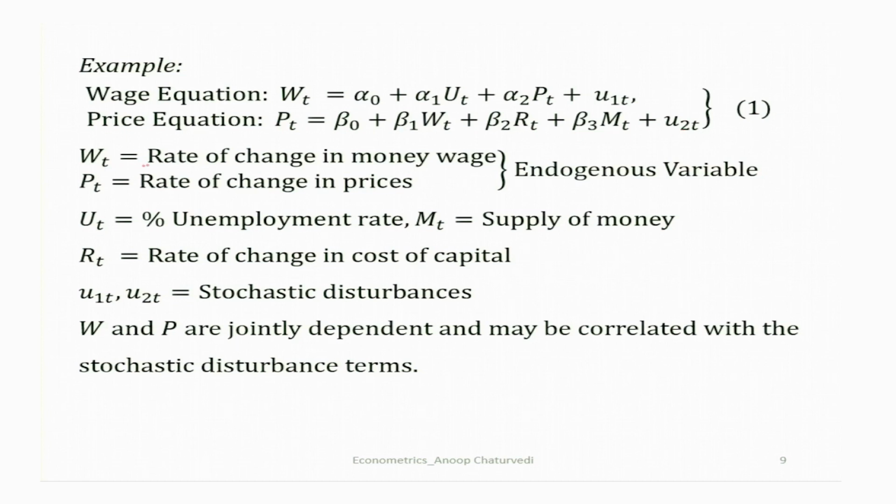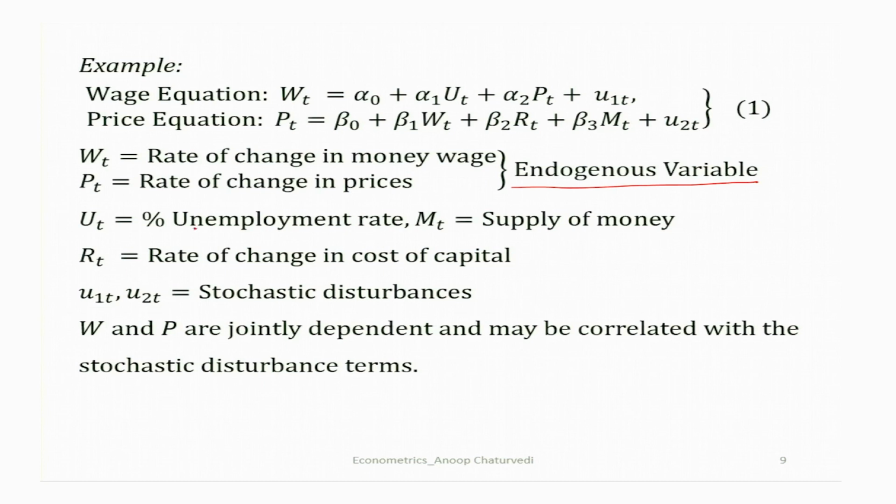Here W denotes the rate of change in money wage and P is the rate of change in price. So, these two variables are determined by simultaneous interaction of the equations of the model. So, these two variables are the endogenous variables.